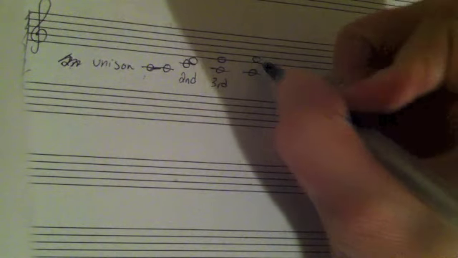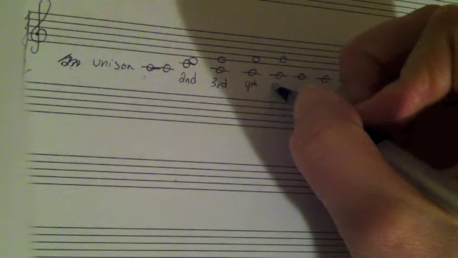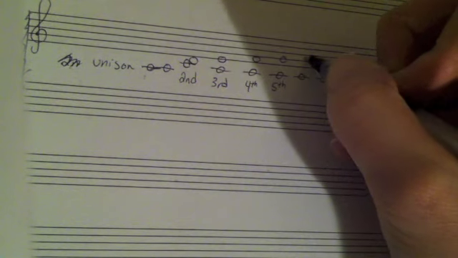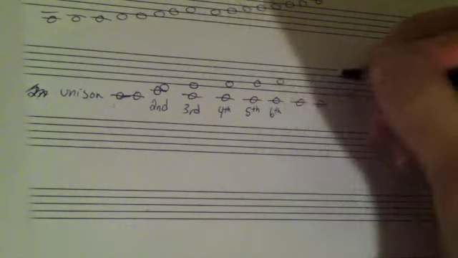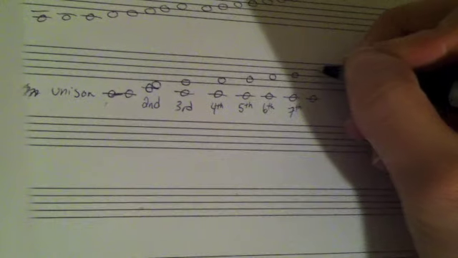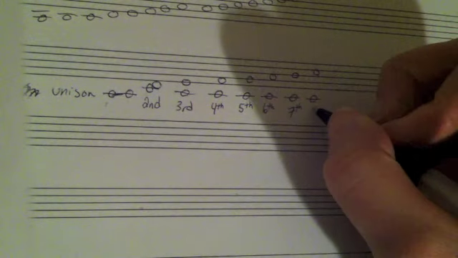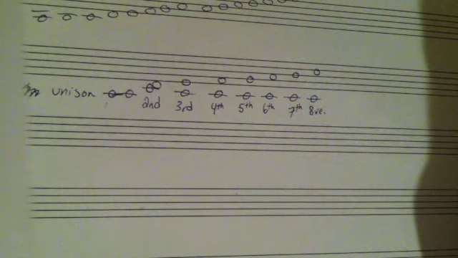C to F is a fourth. C to G is a fifth. C to A is a sixth. See the pattern? C to B is a seventh. C to C is an octave, or an eighth.